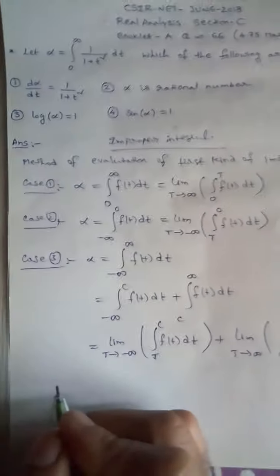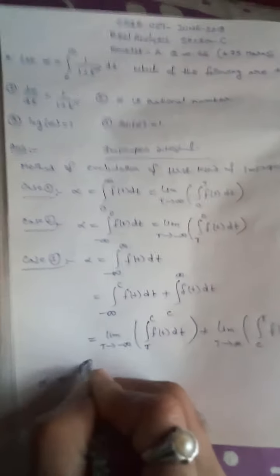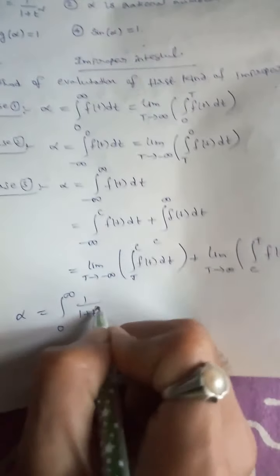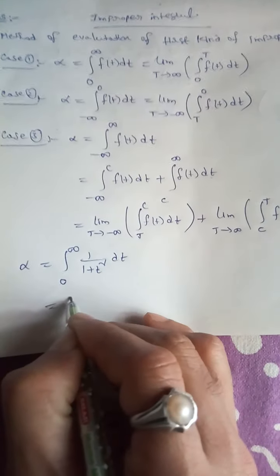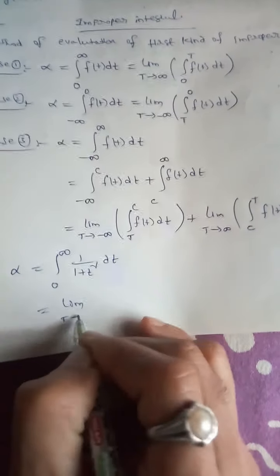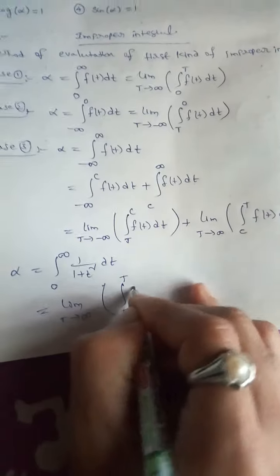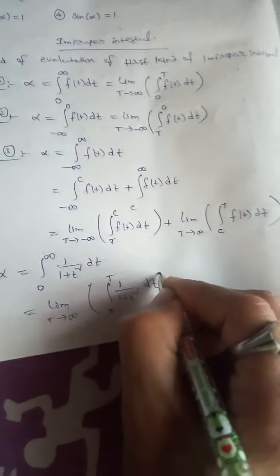So now we will solve for alpha, equal to the integral from 0 to infinity of 1 by 1 plus t square dt. This can be written as limit capital T tends to infinity of the integral from 0 to capital T of 1 by 1 plus t square dt.